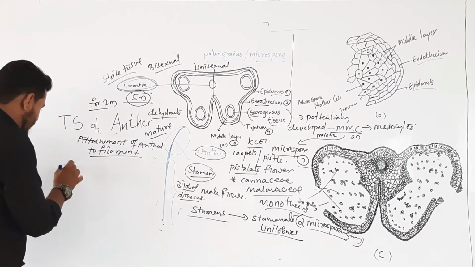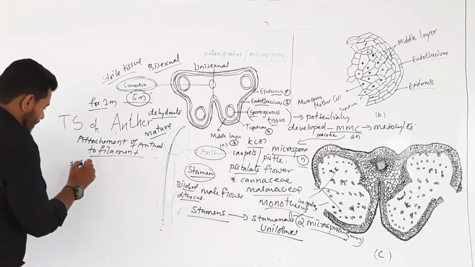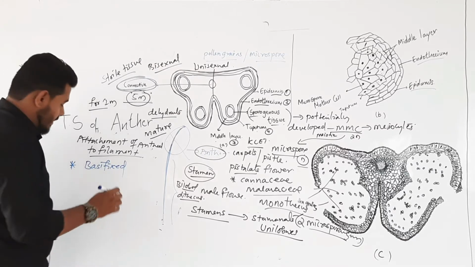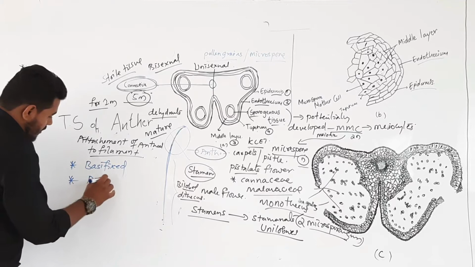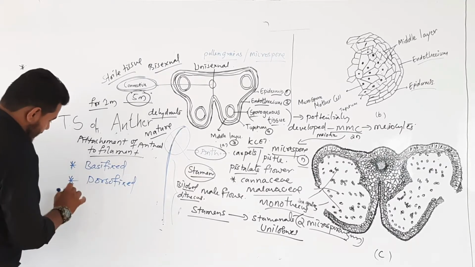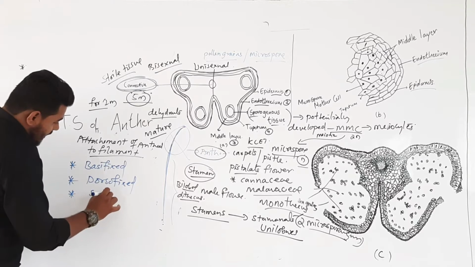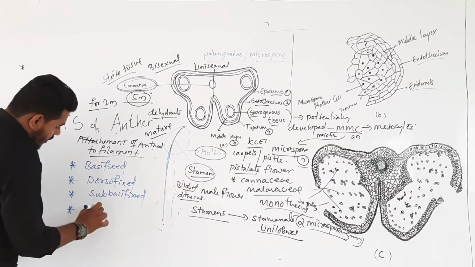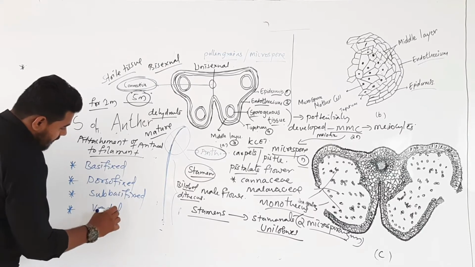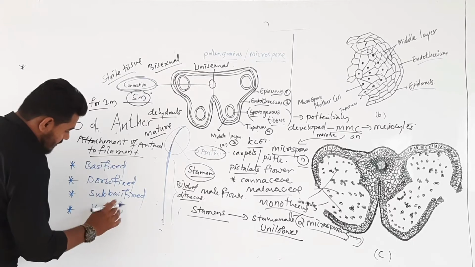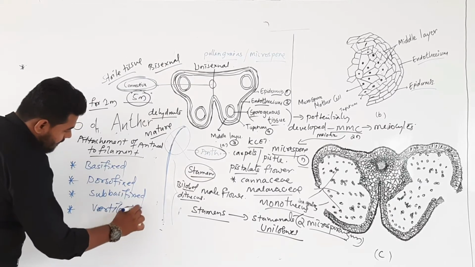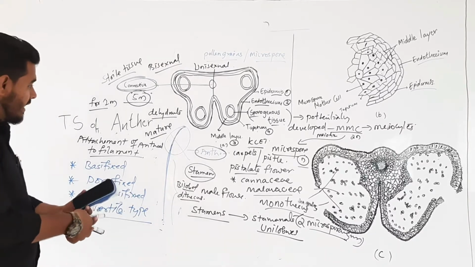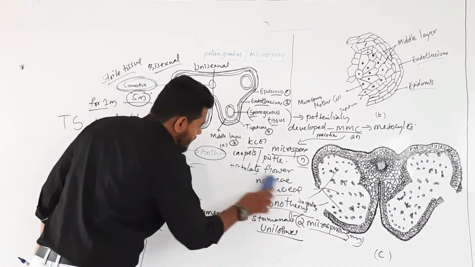There are a number of types of this connection. The first type is called basifixed. The second is dorsifixed. The third is subbasifixed. The fourth one is versatile type. How these basifixed, dorsifixed, subbasifixed and versatile types look, we will see here.